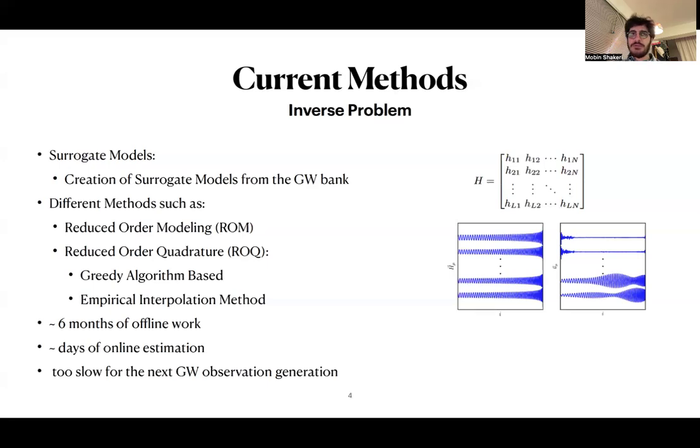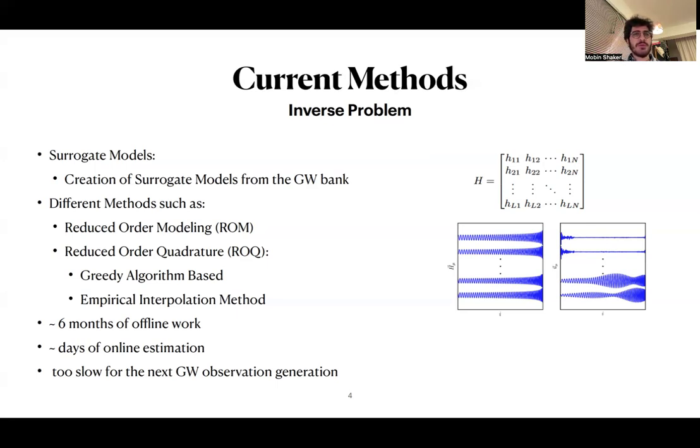Now that we have a gravitational wave bank, noted here as capital H, we can create a surrogate model from it, and there are many different methods to do so. A basic umbrella term for it is ROM, or reduced order modeling.